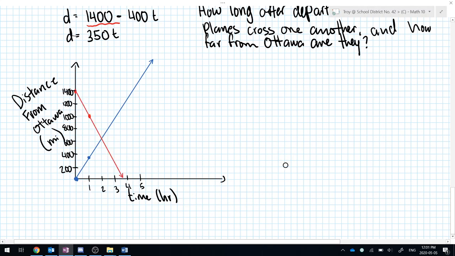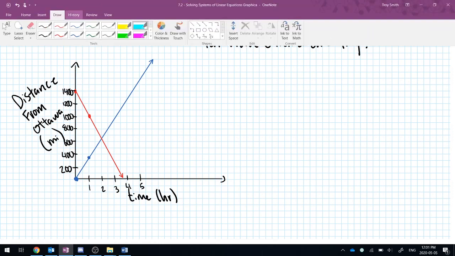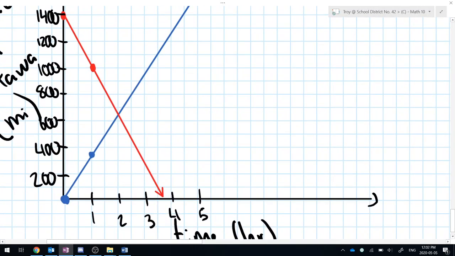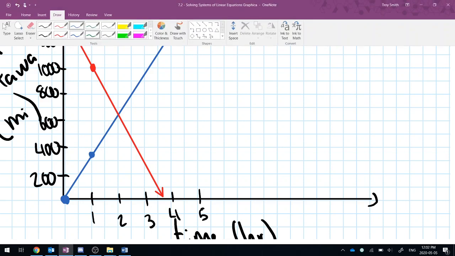You might ask, well, how do I know it goes over by 1? Well, remember, another way to write these slopes is negative 400 over 1, and this one is 350 over 1. So it's got a rise of that number and a run of that number. Okay, so we see our overlap. This one's going to be an approximate value.